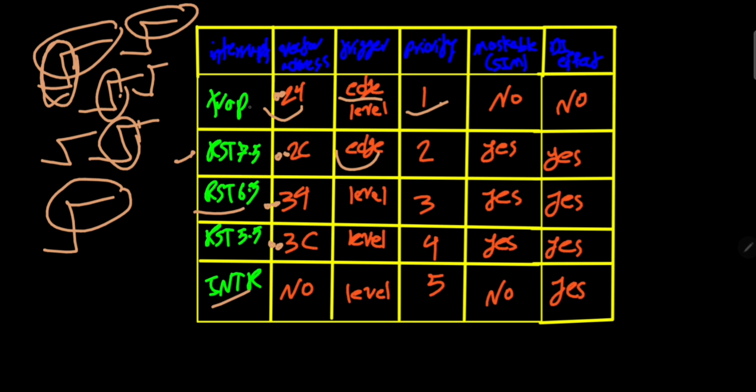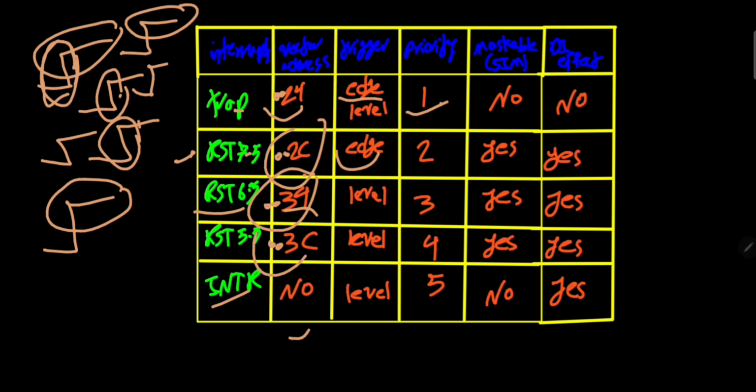After it has been completed, then it would move to the ISR of 7.5, meaning it would jump to this location. Then it would jump to this, then this, and then the last one, and finally it would go back to the program that it was interrupted the first time.